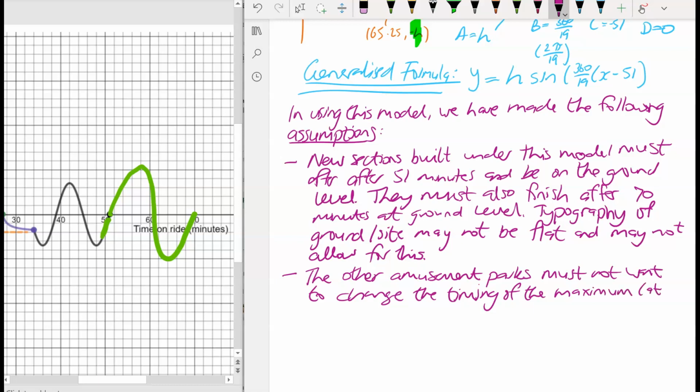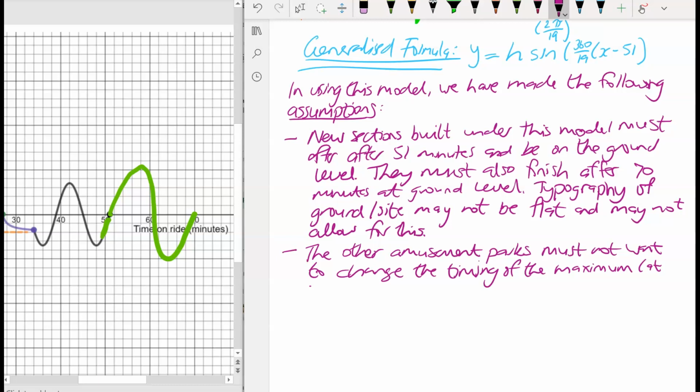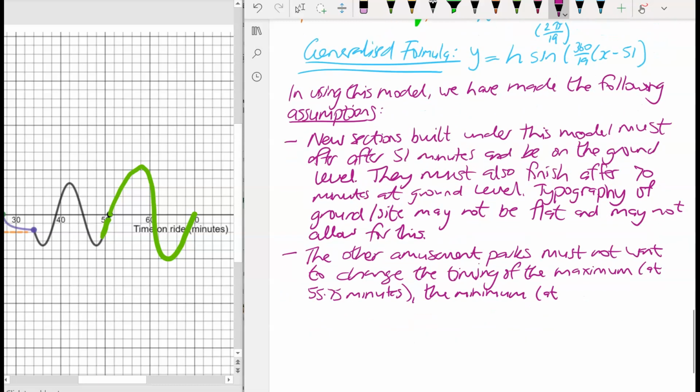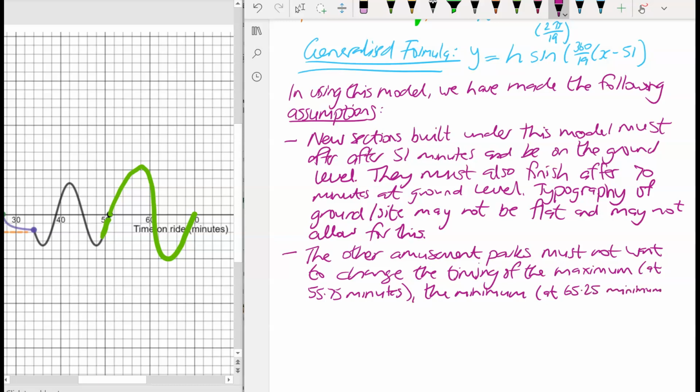That's at, how high was that? 55.75 minutes. So the minimum as well. That was 65.25 minutes. Oh, alrighty, minimum.